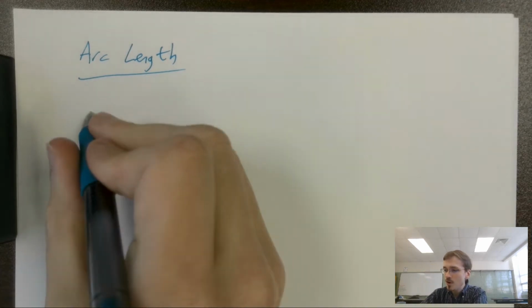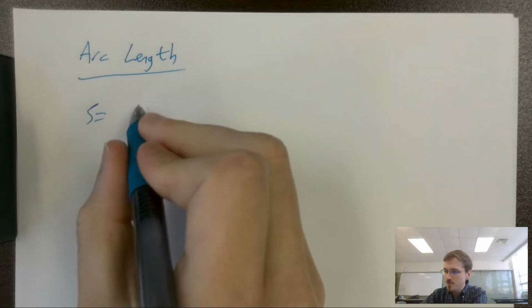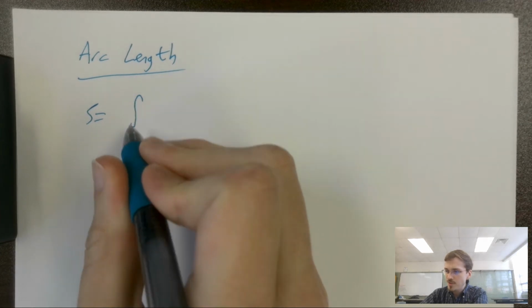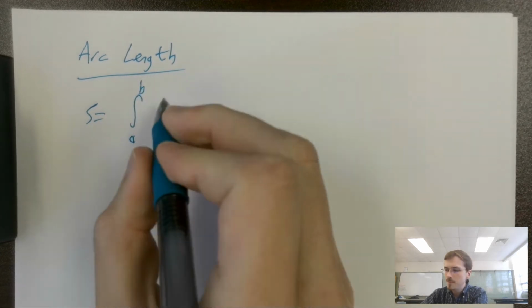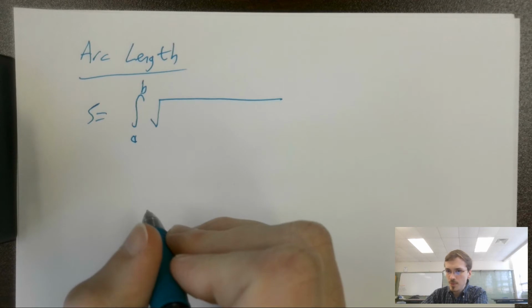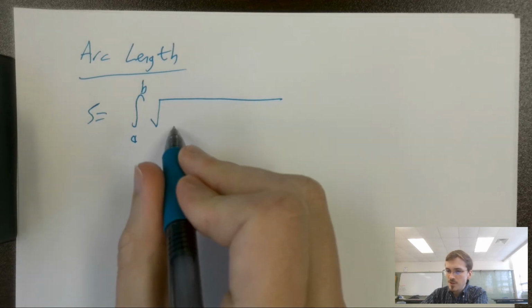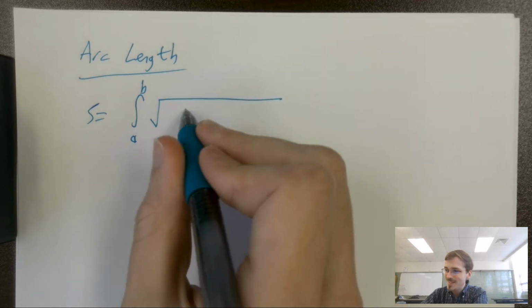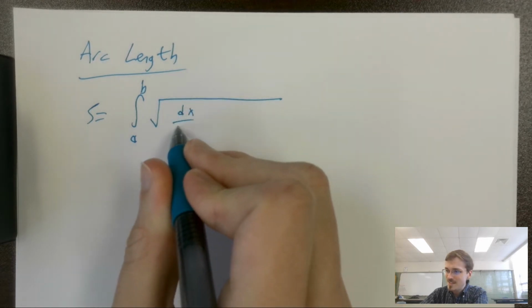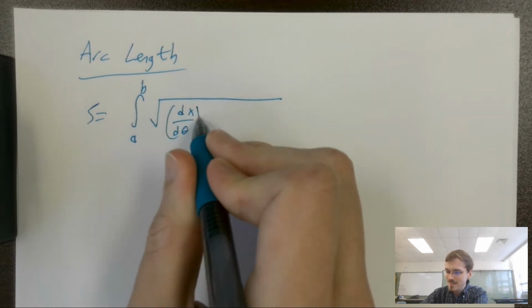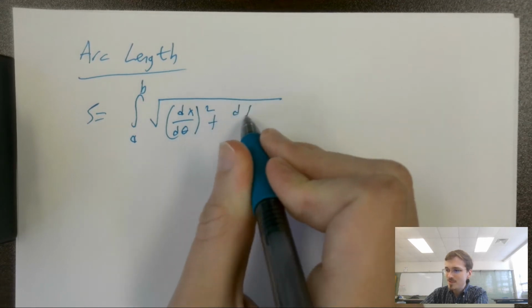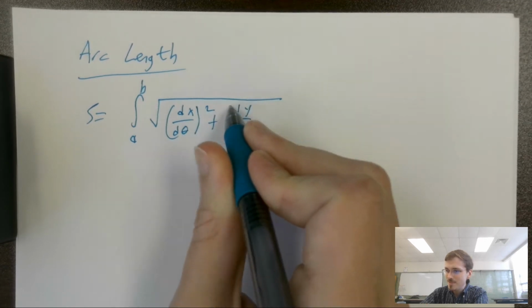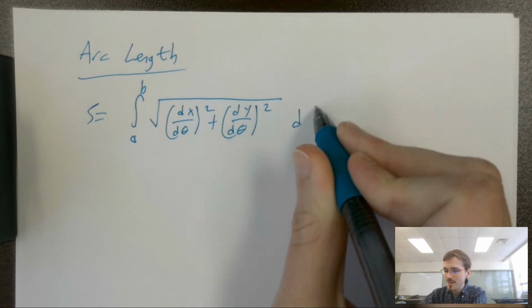We recall that the arc length of a curve expressed as a parametric equation is the integral from a to b of the square root of the derivative squared, x prime squared plus y prime squared, right? So in this case it's dx/d theta squared plus dy/d theta squared d theta.